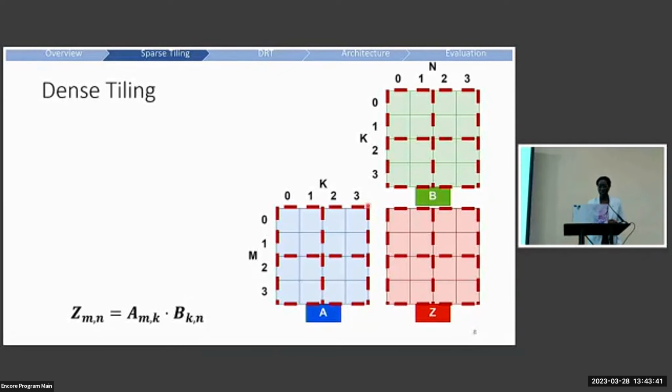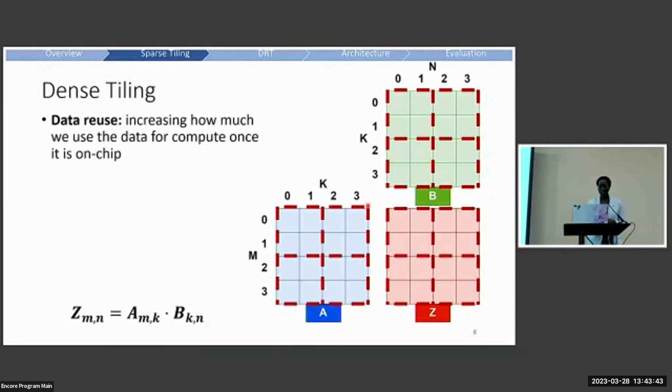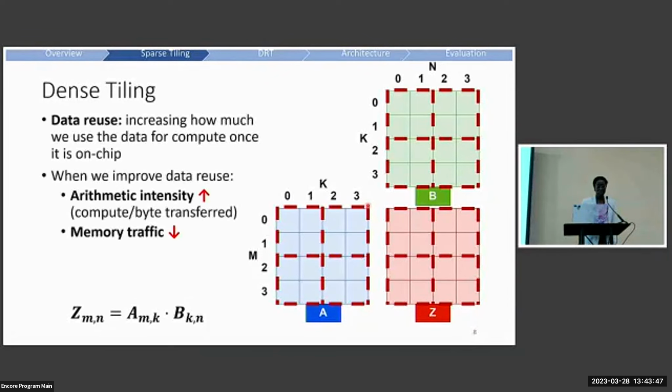This enables data reuse, increasing how much we use the data for compute once it's brought on chip. When we improve data reuse, arithmetic intensity, the amount of compute per byte transferred, increases, and the memory traffic decreases. If we did the calculation, memory traffic is actually cut in half through tiling alone in this example.